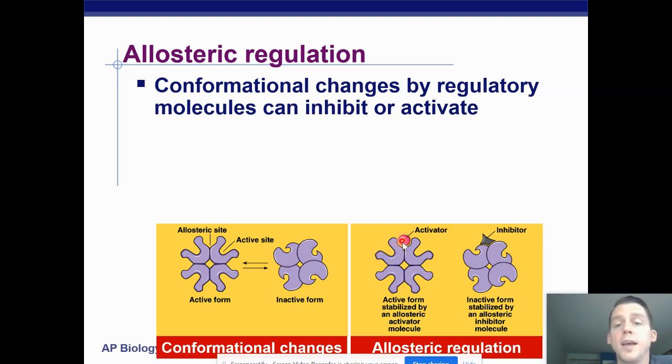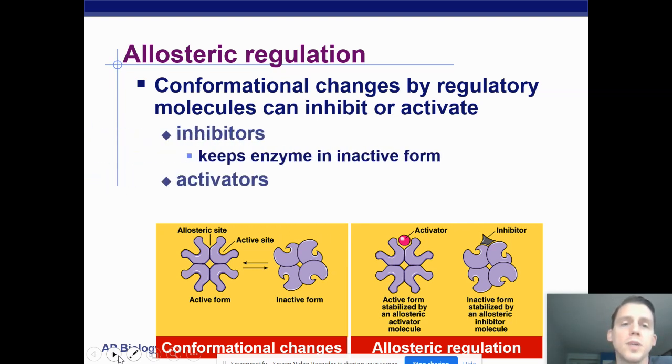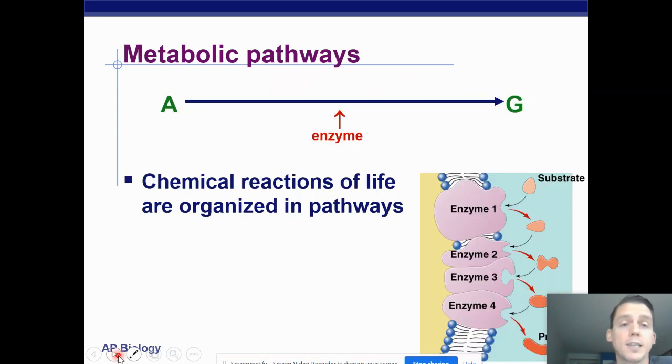Here we have an allosteric site that is filled with an activator. It's turning on the active site. And here we have an allosteric site with an inhibitor. It's turning off the active site. So it can do either. Allosteric sites can turn on enzymes. They can turn them off. Inhibitors keep enzymes in the inactive form. Activators keep enzymes in the active form.